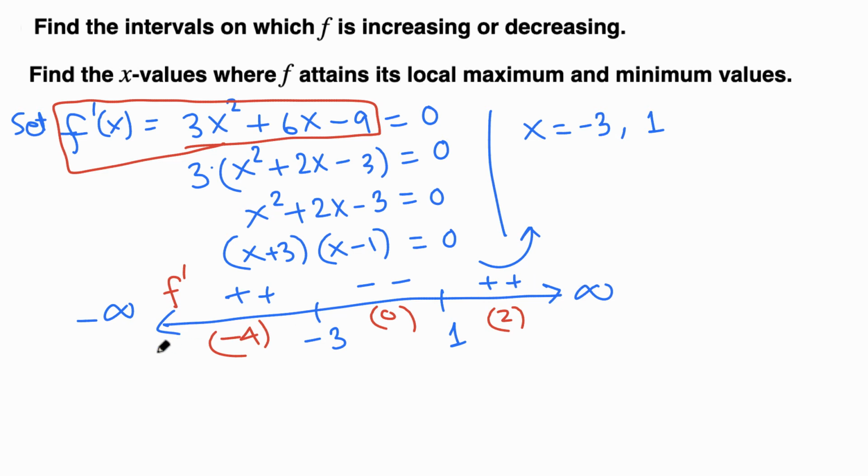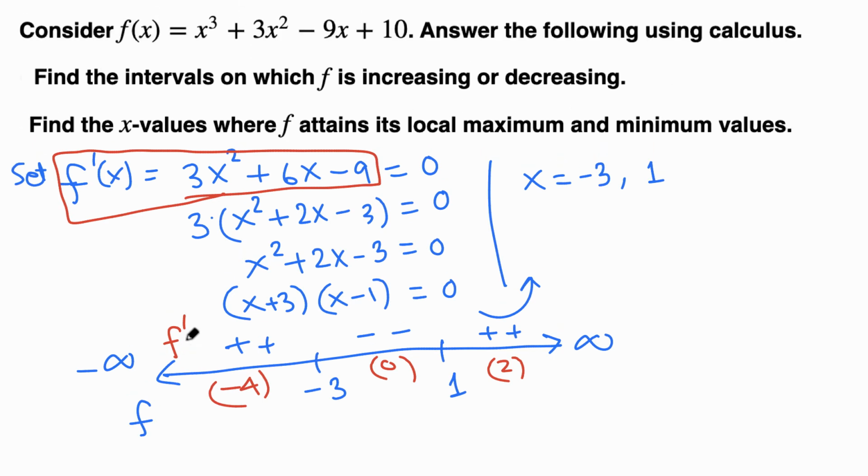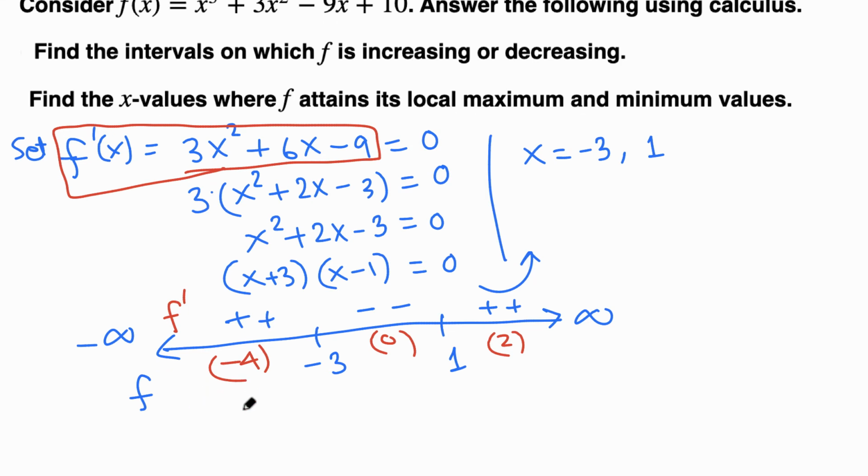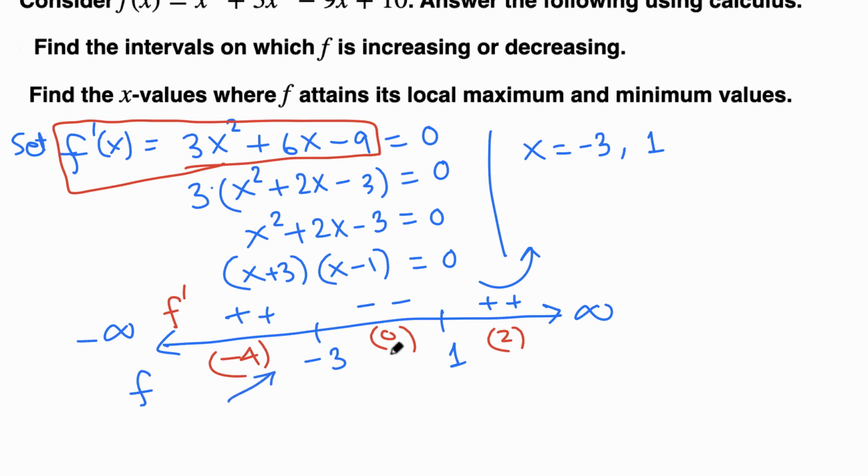Because we are answering about the function, we use the derivative just to determine these signs. When the first derivative is positive, the function is increasing; so it is increasing, decreasing, and increasing.